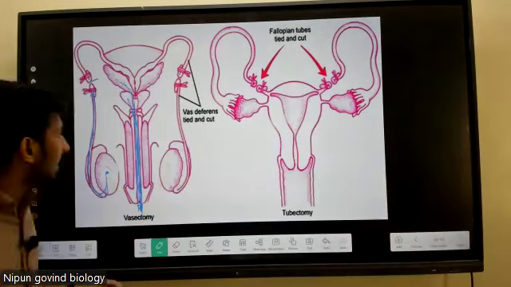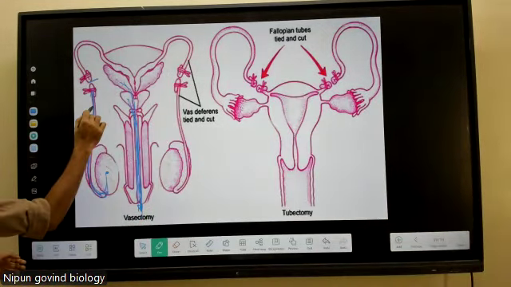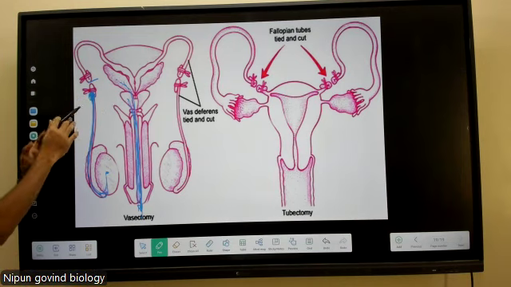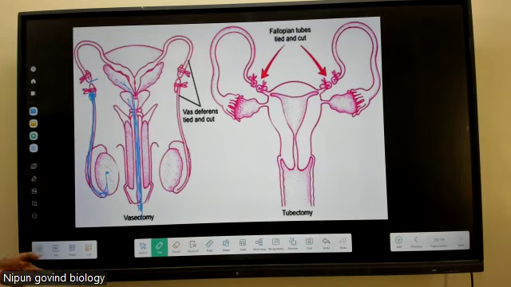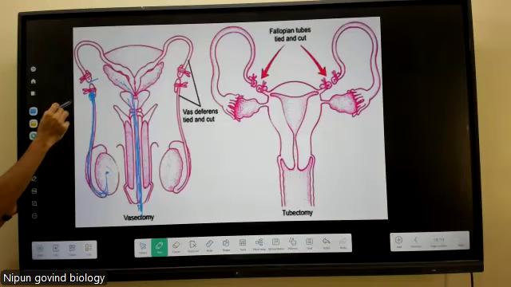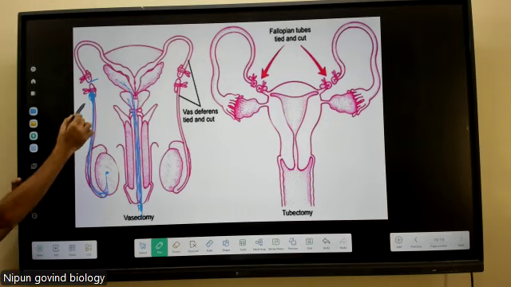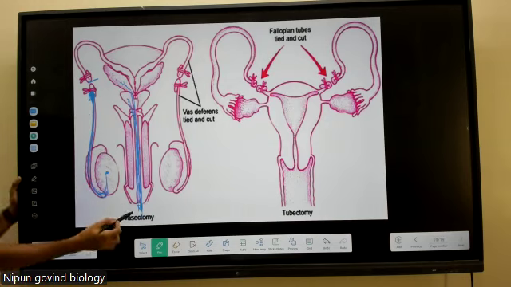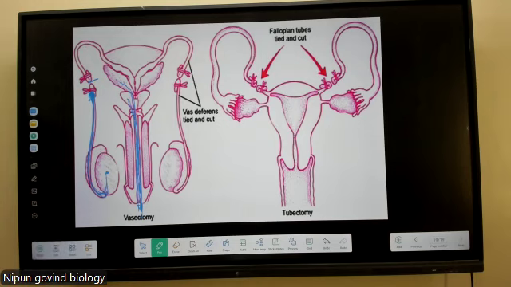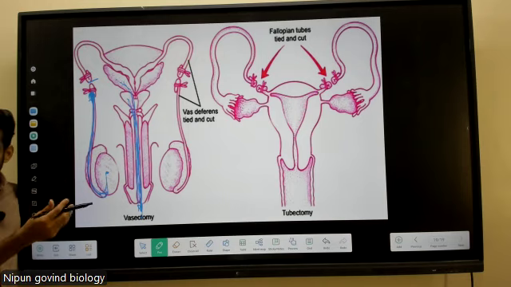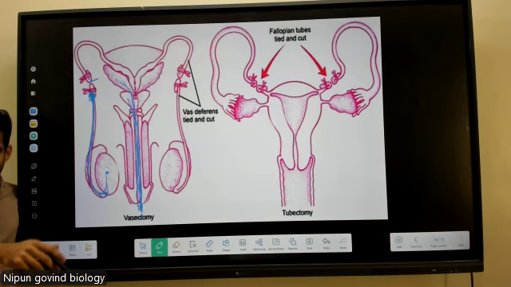And you may think, oh, the sperm will be accumulated here, will that burst? Your doubt will be like that. No, it will not happen. I know that will be the doubt. So listen, once the sperm is released, if it is not going out, it will be reabsorbed back into the body. Even if you are not having sex, new sperms are produced every 2 days.